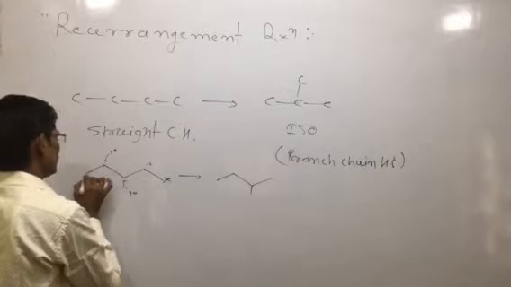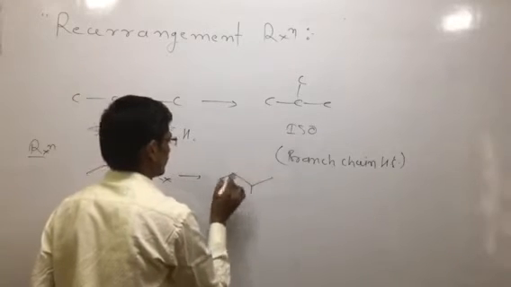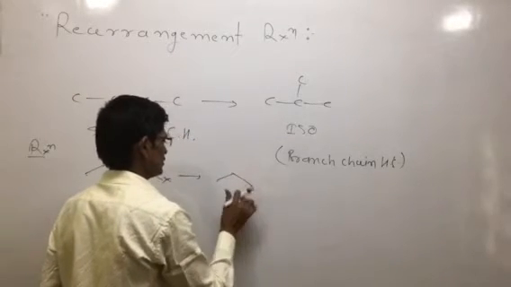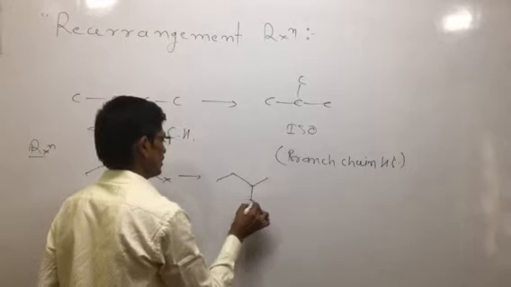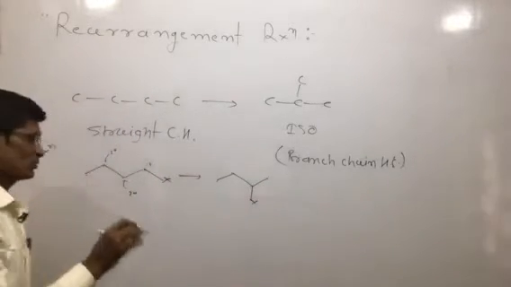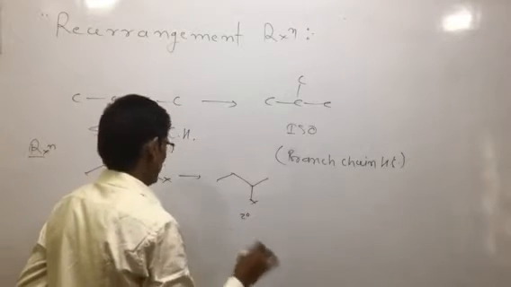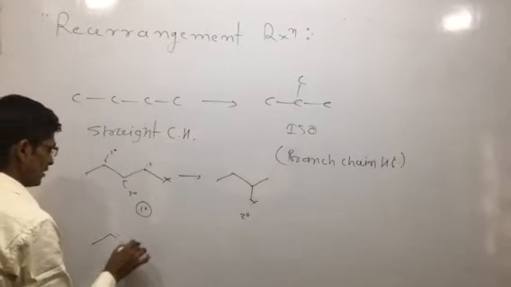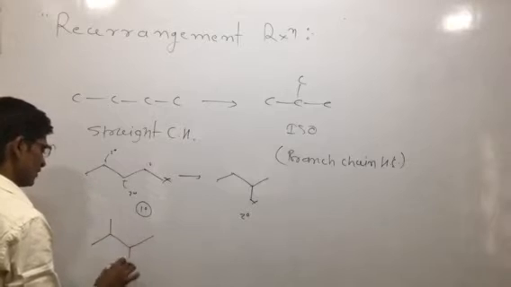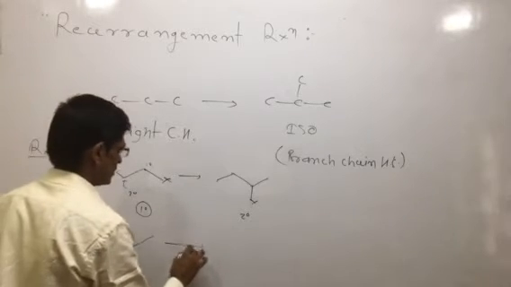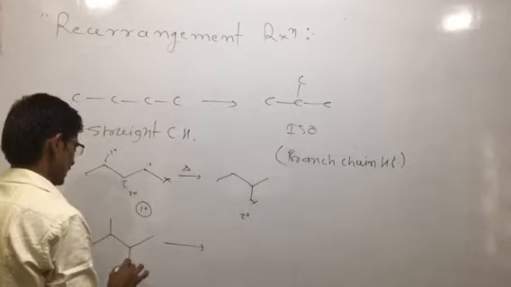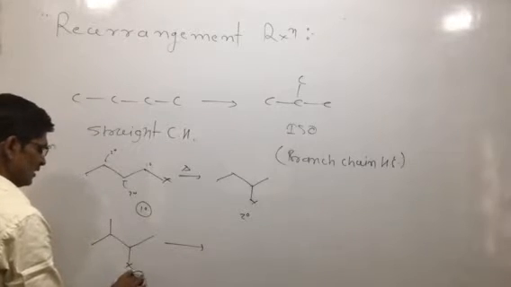Means the 1, 2, 3, 4 carbon atoms have a tendency to convert into a secondary alkyl halide. So this is the primary alkyl halide and this is the secondary alkyl halide. If we have these types of reactant species, these are secondary alkyl halides.